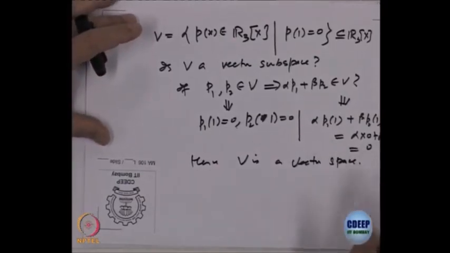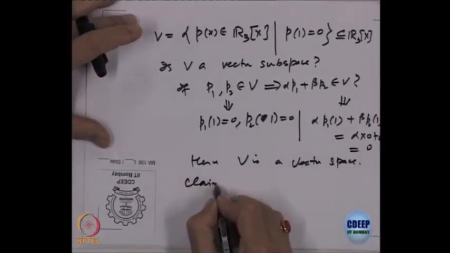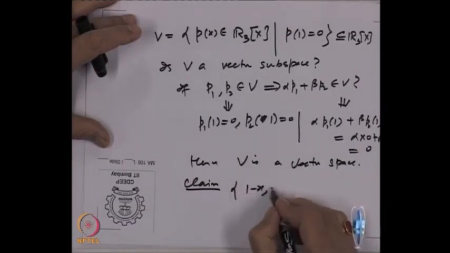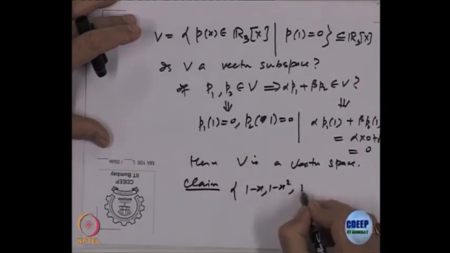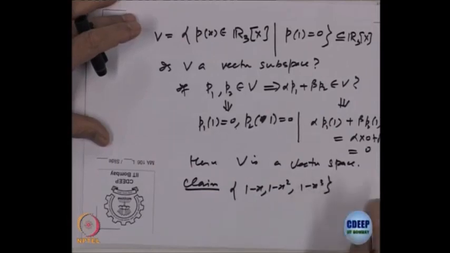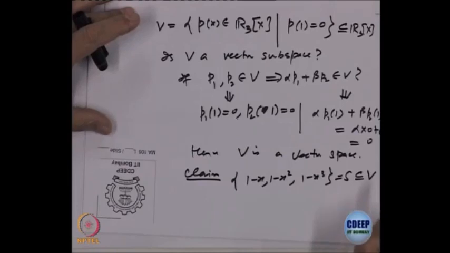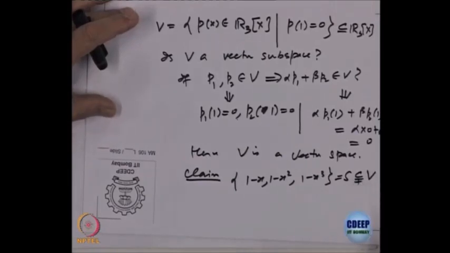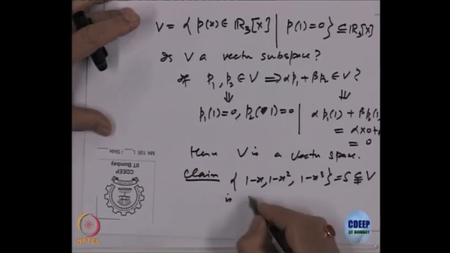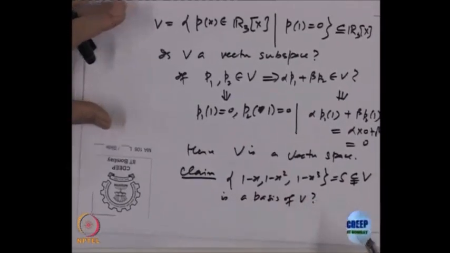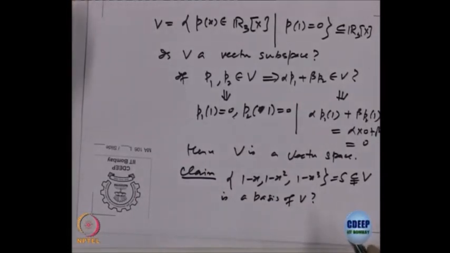So, the claim is, look at the set 1 minus x, 1 minus x square and 1 minus x cube, that is a set S, a subset of V, of course, not equal to, right. Claim that this is a basis of V. So, what is to be shown?